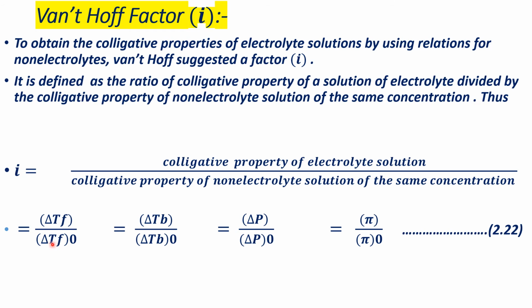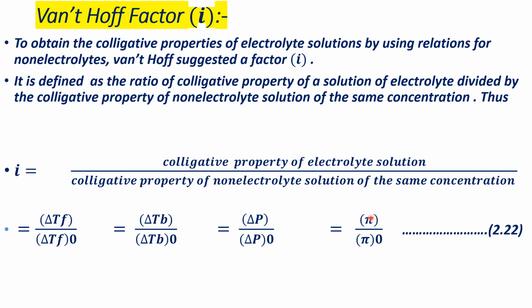Then simply write down: delta Tf upon delta Tf0, the colligative property of electrolyte divided by that of non-electrolyte, is equal to delta Tb upon delta Tb0 at the boiling point, which is electrolyte over non-electrolyte. For vapor pressure, delta P is for the electrolyte and delta P0 for the non-electrolyte.